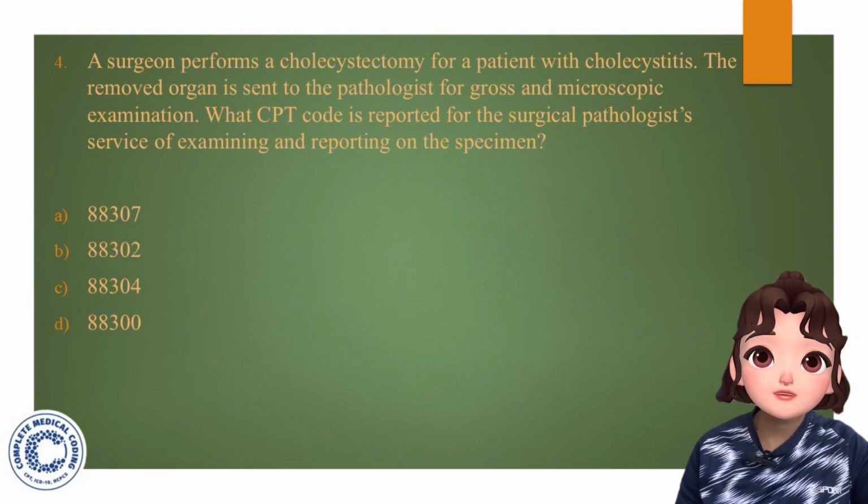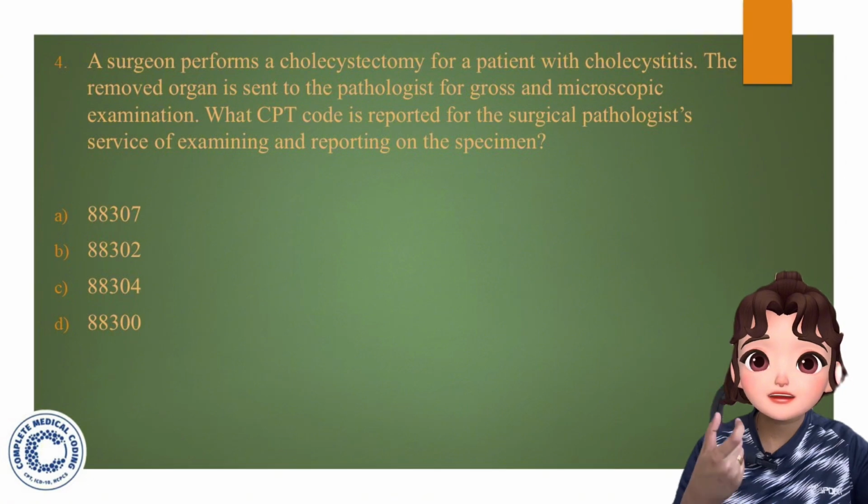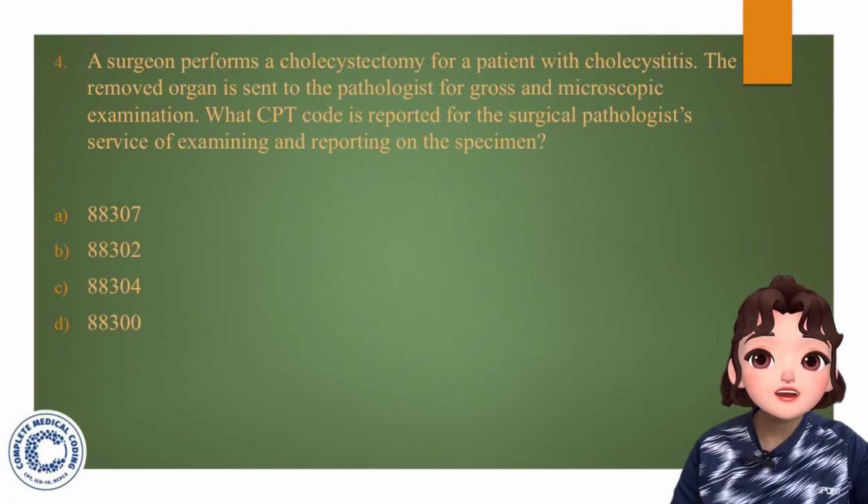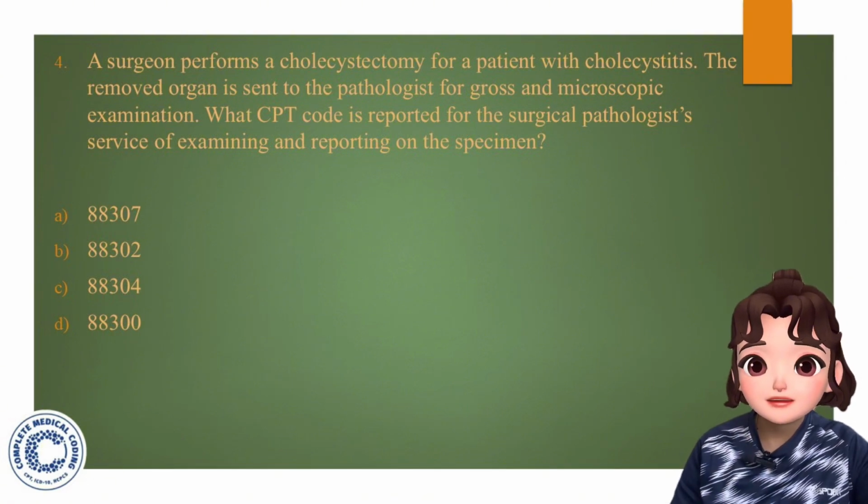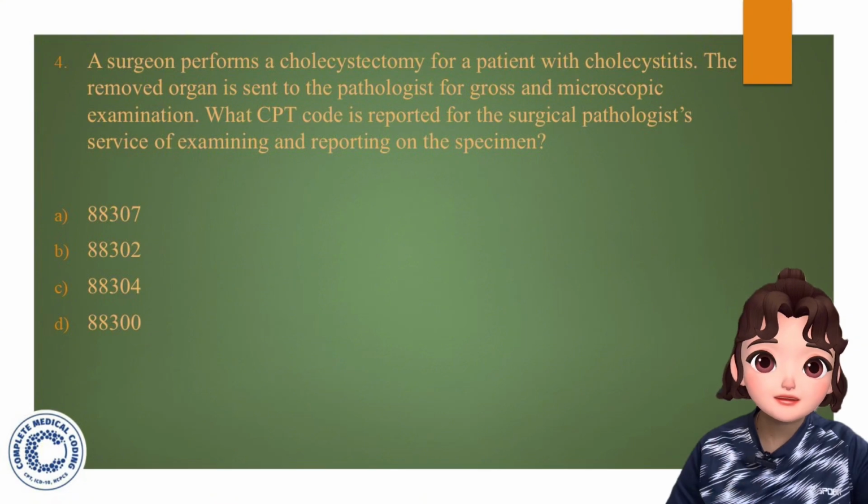Before that, in which organ has the surgical pathology been carried out here? The surgeon performs a cholecystectomy for the patient with cholecystitis. So you have to know the medical terminology, the anatomical term for cholecystectomy. Then only you can answer this question.